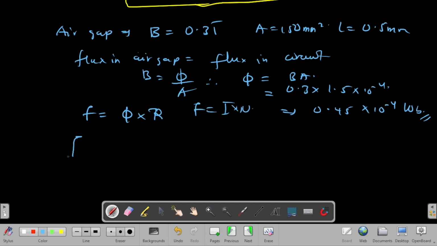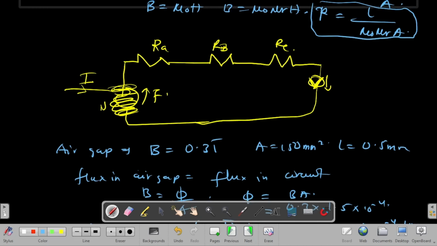So let's find FA, that is the F across A. Remember that FA is equal to the flux in the total circuit times my RA. So what is the reluctance across my length A?